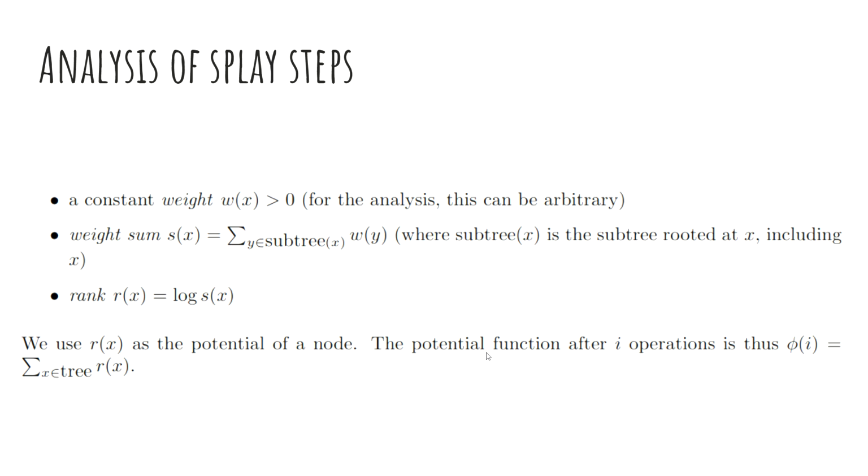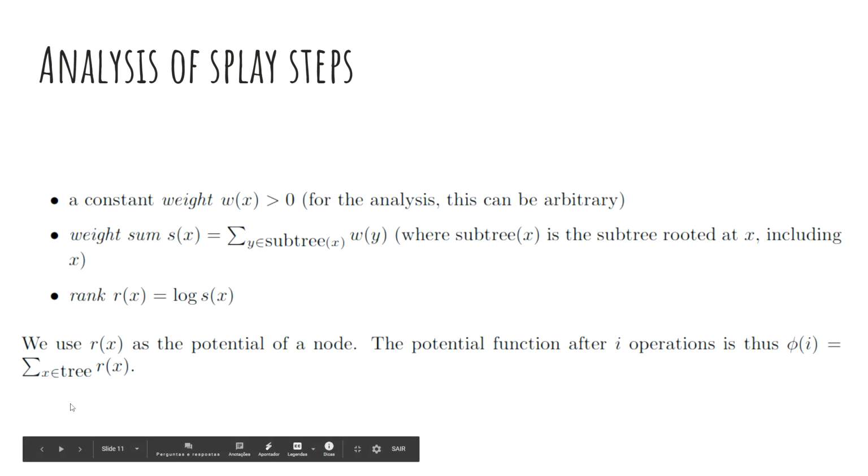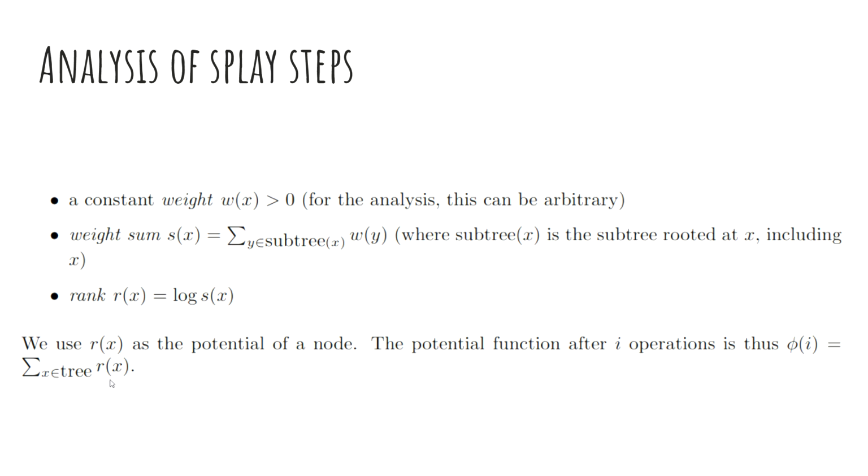The potential function to make the analysis after i operations is thus phi i equals the summation over all elements of the tree of the function r, which is the log of the sum of the weights.